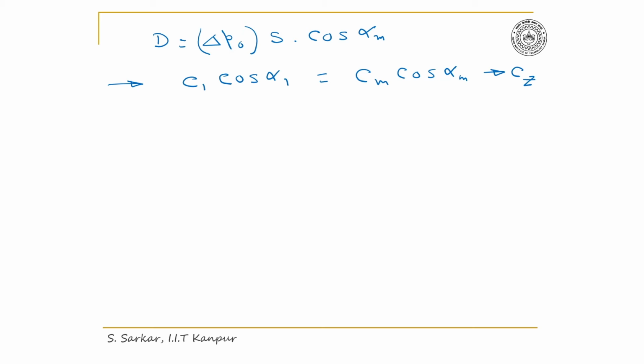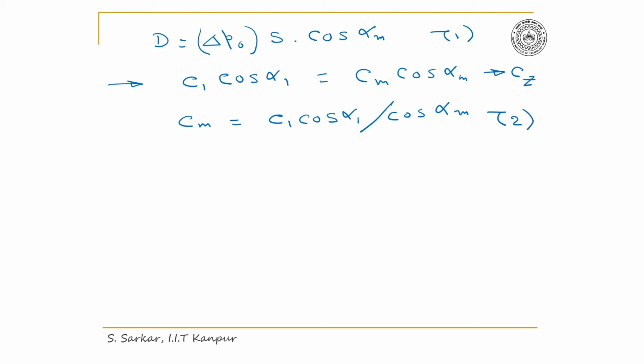Thus, from this expression, I can calculate Cm equal to C1 cos alpha 1 divided by cos alpha m. So this might be given equation number 1. This may be equation number 2.